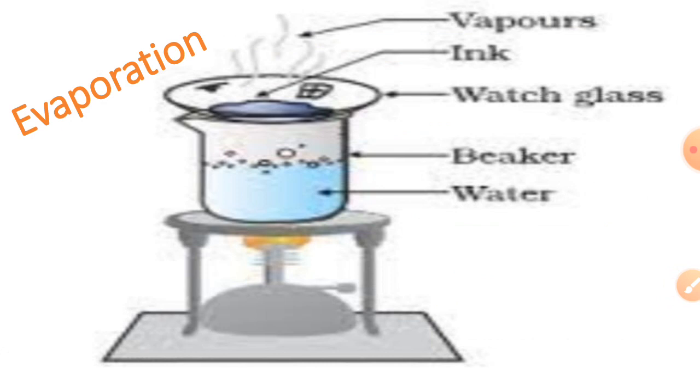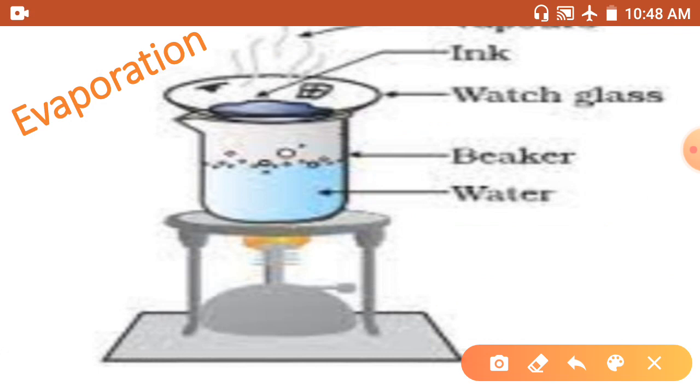We can obtain a colored component from blue or black ink. We need a beaker, a watch glass, blue or black ink, and a burner. Fill the beaker half with water and cover it with the watch glass.